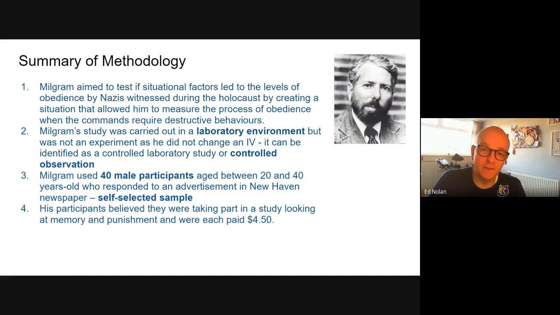You knew that they wanted to be involved, but obviously a certain type of person would have volunteered. They were offered $4.50 to be part of that. At that time it was not a significant amount of money, but it was enough to engage people in the task. It was $4 for the study and 50 cents for travel.